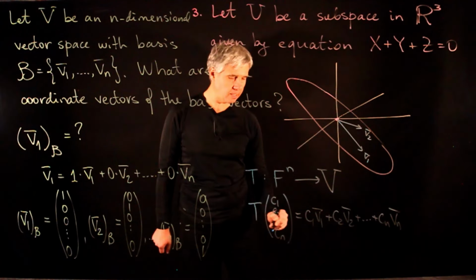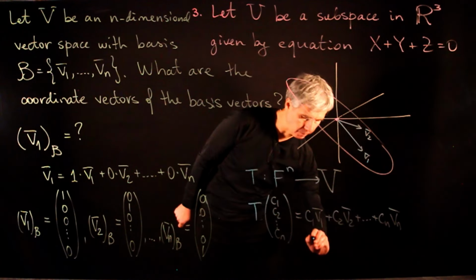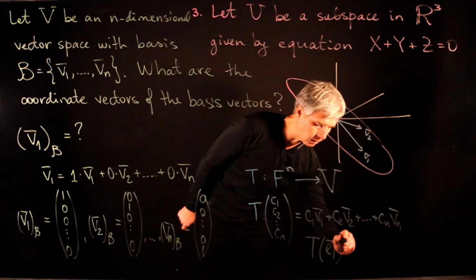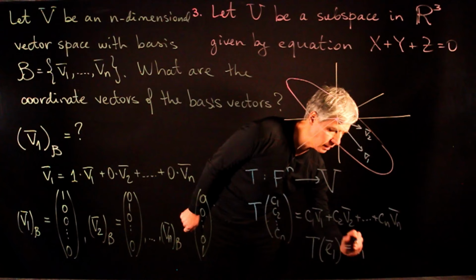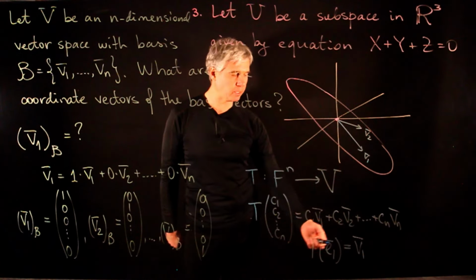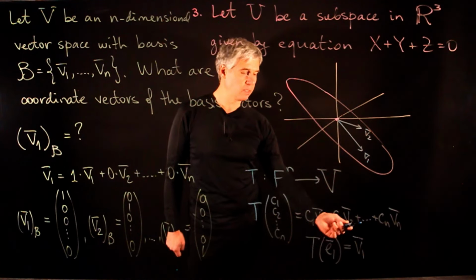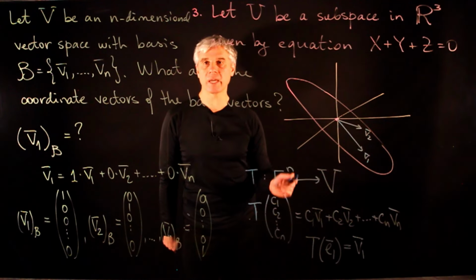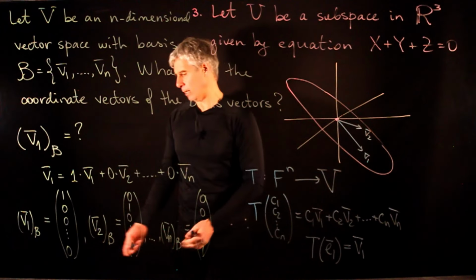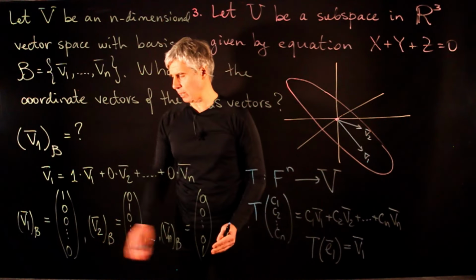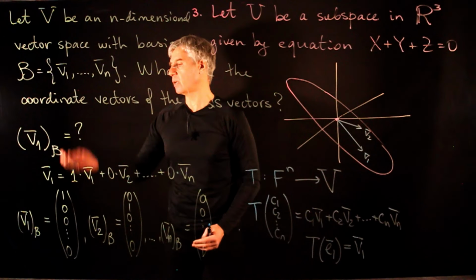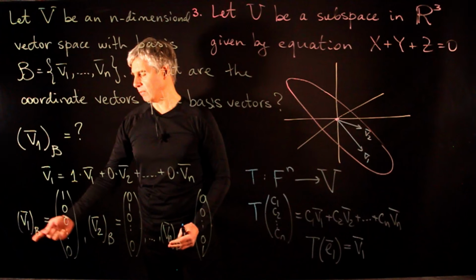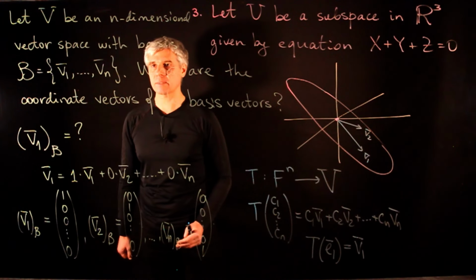And what we see is that under this isomorphism, the first standard basis vector will go to basis vector V1. And so now we have a correspondence between basis vectors in the space V and standard basis vectors in the space F^n. And so here is another way to look at this correspondence. This is implemented by taking coordinate vectors of a given vector with respect to the given basis.